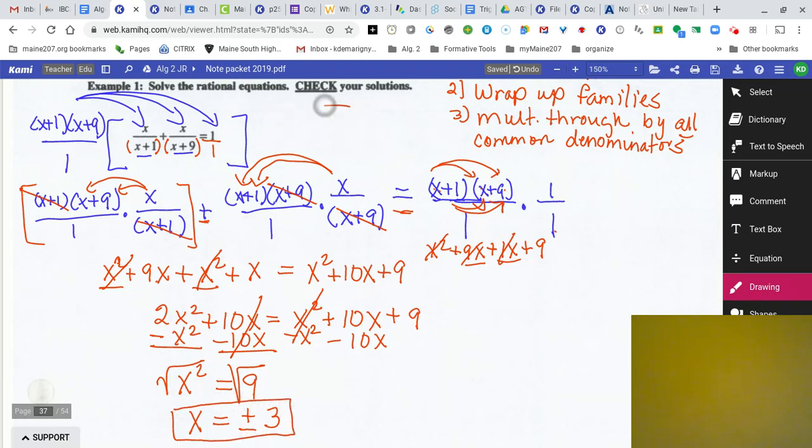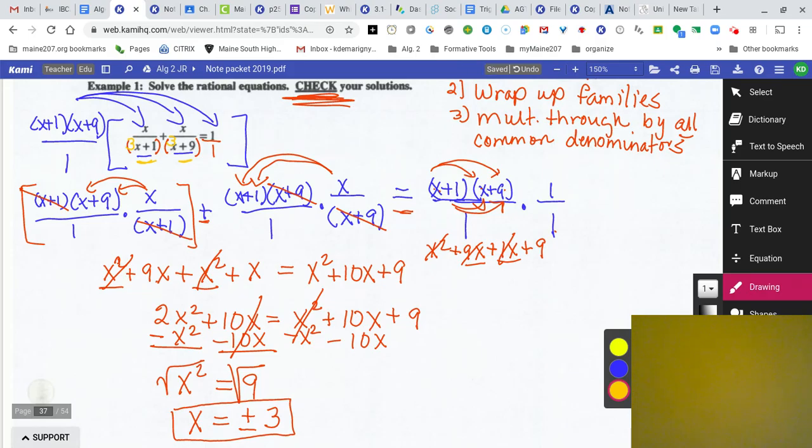Now, it says to make sure you check this. So to check this, the only thing that I'm looking to do is to make sure when I put this 3 back into my equation, I don't get something that would make a 0. For example, if x is positive 3 and x is positive 3, will either one of those give me a 0 in a denominator?